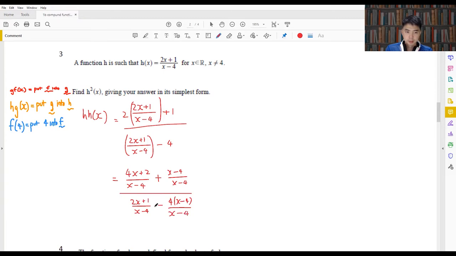From here, simplify the equation. You would have gotten 4x plus 2 plus x minus 4 over x minus 4, over the whole equation of 2x plus 1 minus 4x plus 16 over x minus 4.